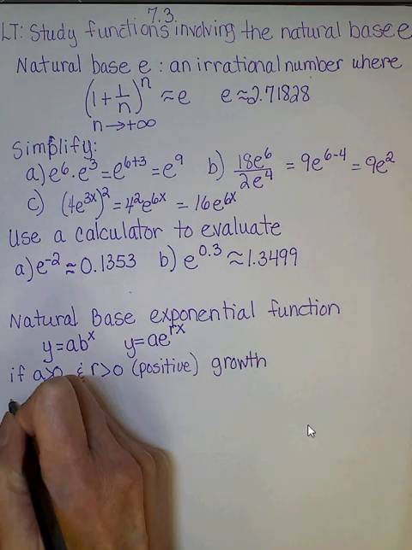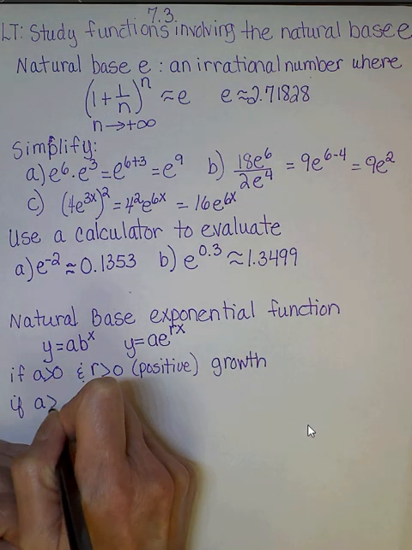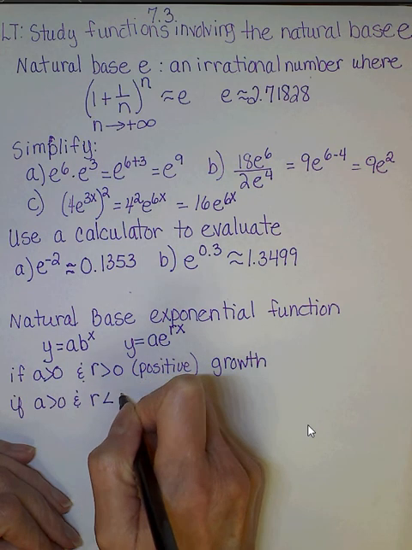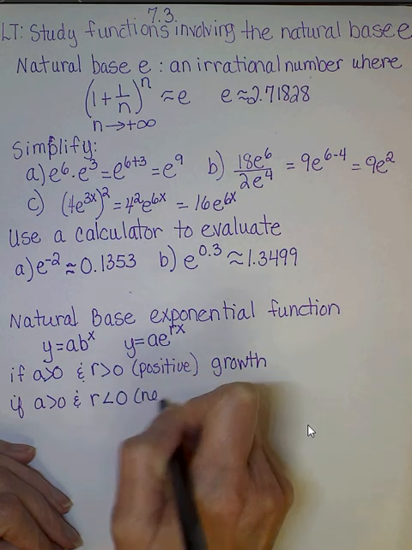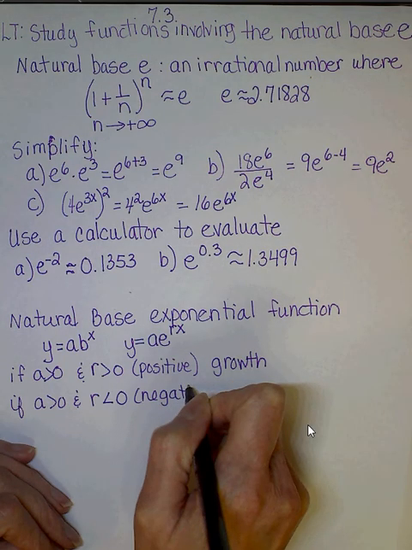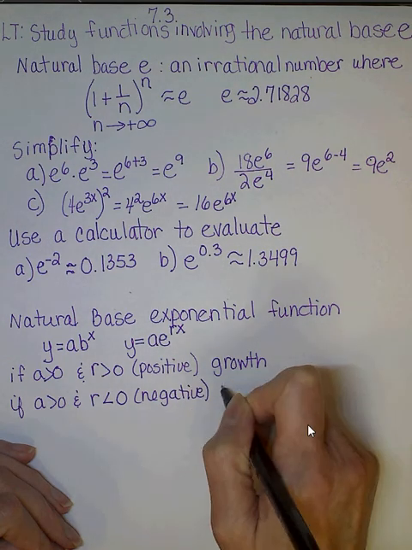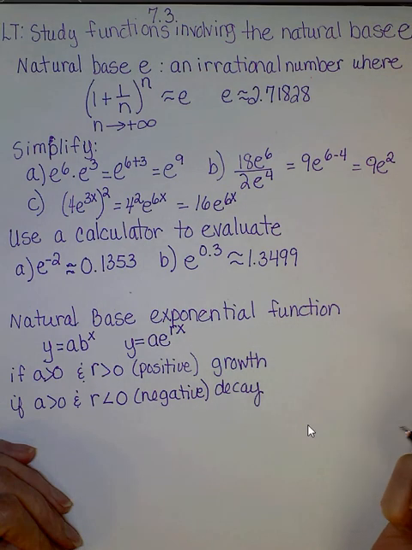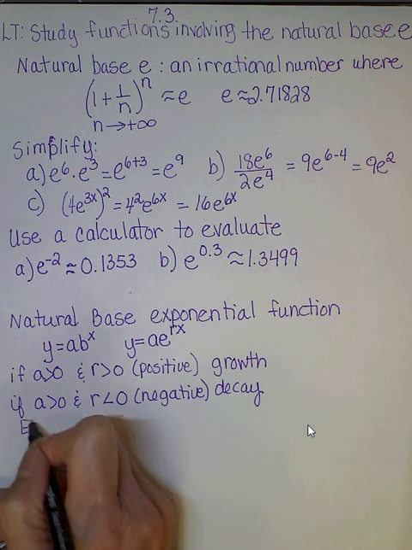Okay, our A value is positive, and this time the R value is negative. Then we know it's going to be decay. When we did it previously, the B was either greater than 1 for growth or less than 1 for decay. Alright, now we're going to graph these just like we did in the other sections. So let's look at an example of graphing.